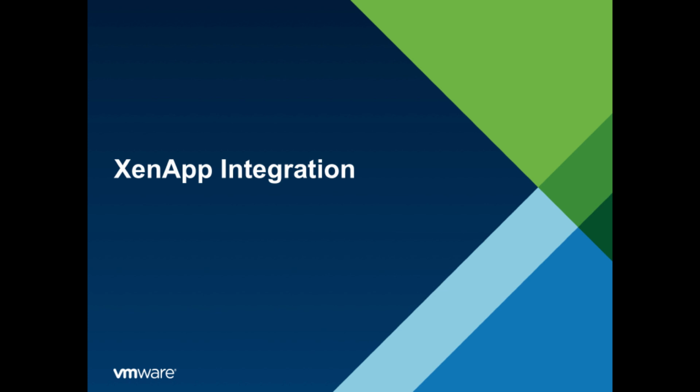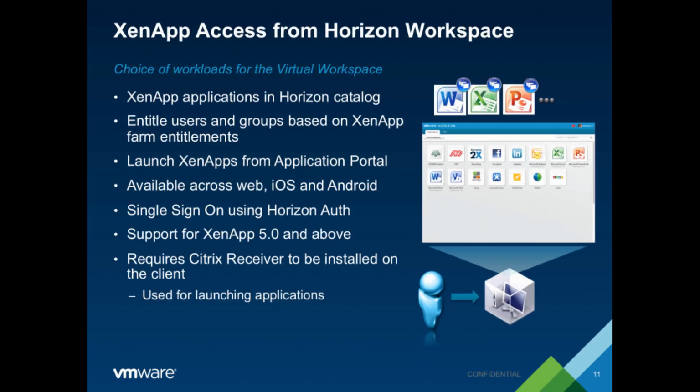Next is the Citrix XenApp integration. Again, this is very seamless for the user. The catalog items are simply being put into Workspace. So again, it's a read-only operation. We read information off of the Citrix XenApp farms, and then we put that into the catalog in Workspace portal. So it shows up and it's seamless for the user.